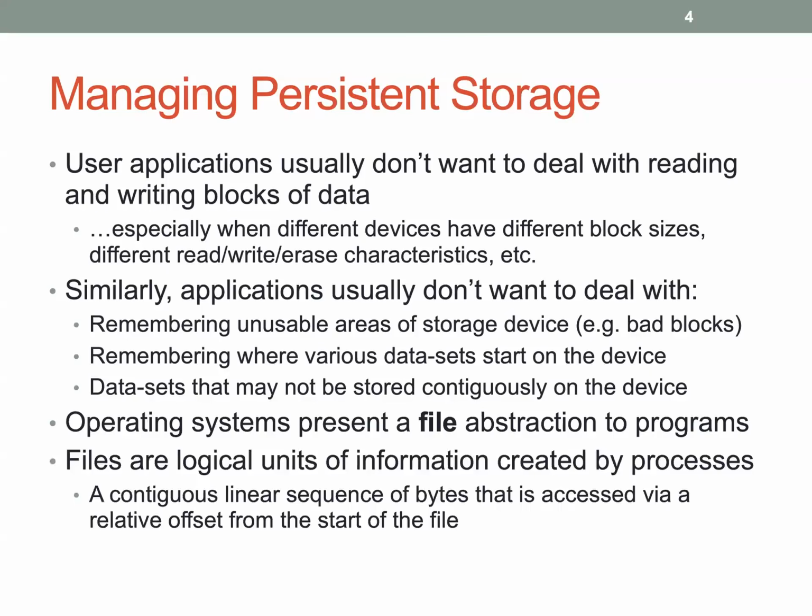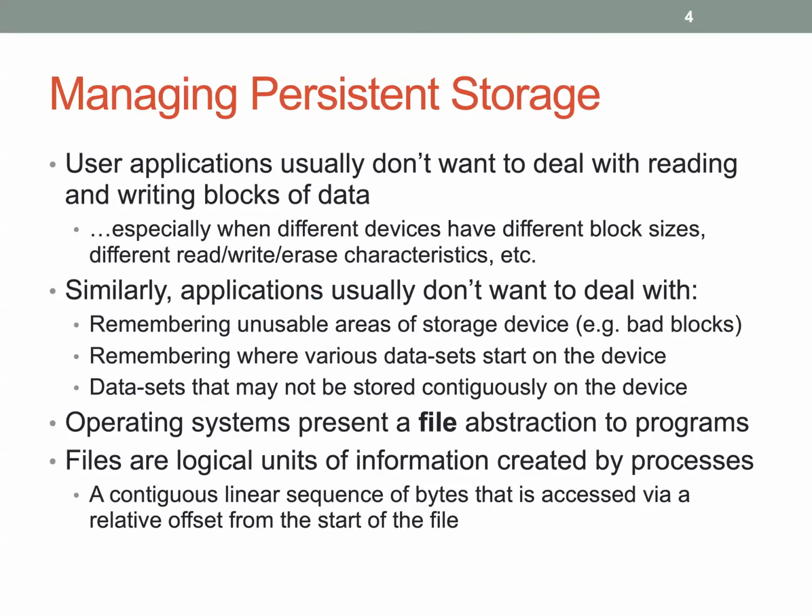So a file is basically a single logical unit of data. I have a file, it has a bunch of data that all should be grouped together in some way. And as I say on the slide, this is a contiguous linear sequence of bytes. So it has a first byte and then a second byte and then a third byte and so forth.